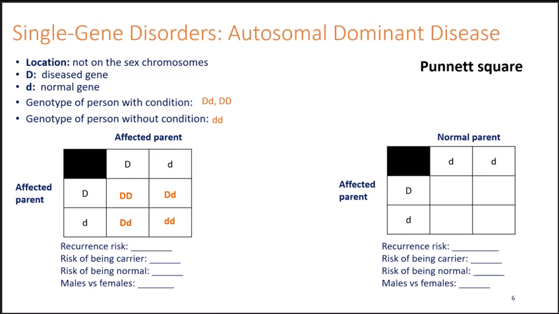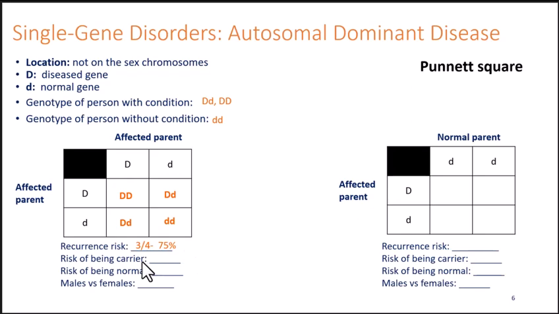Let's have a look at how many diseased genotypes there are. So there's 1, 2, 3, and 1 healthy one. So there's going to be a 3 out of 4 chance of recurrence risk, because of the dominant gene that's present in these genotypes. So a 75% chance that each child they have will be affected with this disease.